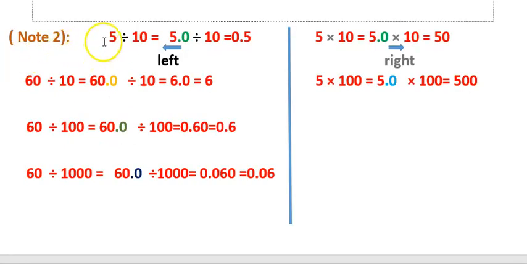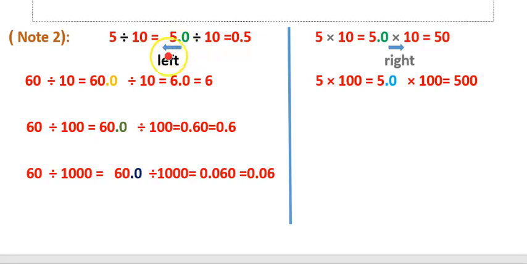Note number 2. If I divide by 10, I know 5 has a decimal point, which is this. This is the decimal point for number 5. Now if I divide by 10, 10 has 1 zero, so I have to move the decimal point one place to the left.